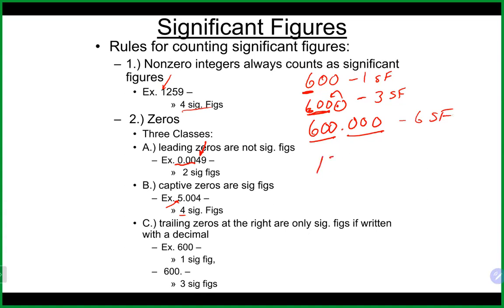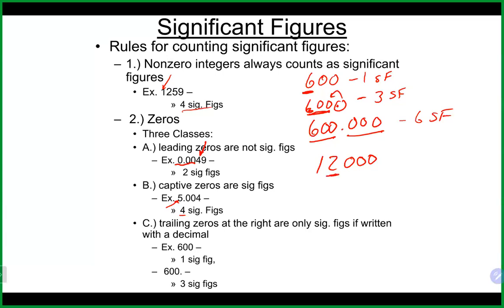Now, if you had something like this, how many significant figures would it have? It would have 2 significant figures, the 1 and the 2. Which one is the uncertain digit or the estimated digit in this case? It is the 2. And this is what I was talking about earlier.